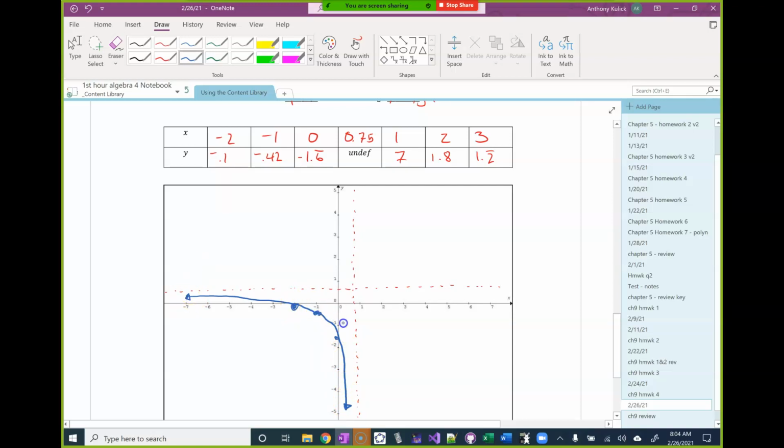I don't know, 7's got to be like up there somewhere. 2 and 1.8, and then 3 and 1.2. So there's about that.